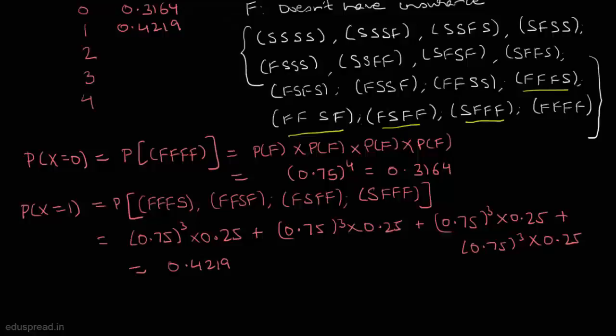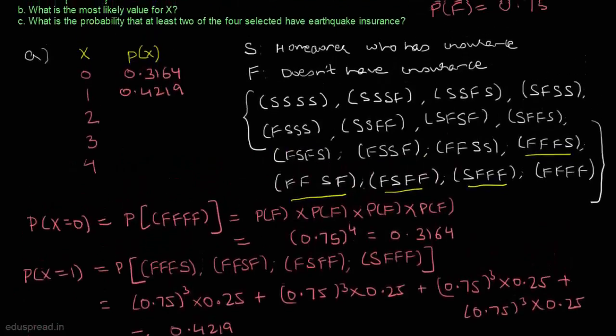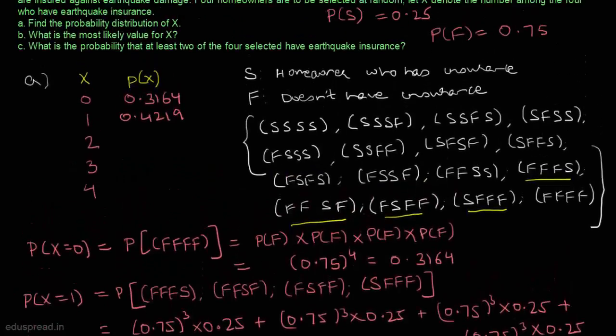So probability that X is equal to 2. Let's see what all outcomes correspond to this. To have X equal to 2, we should have 2 S in the outcomes. So let me choose a different color now. Okay, so we should have 2 S. In this outcome we have 2 S, so this is outcome 1.